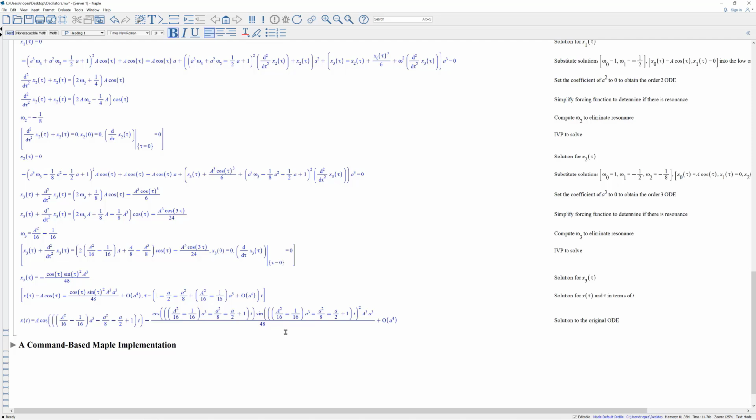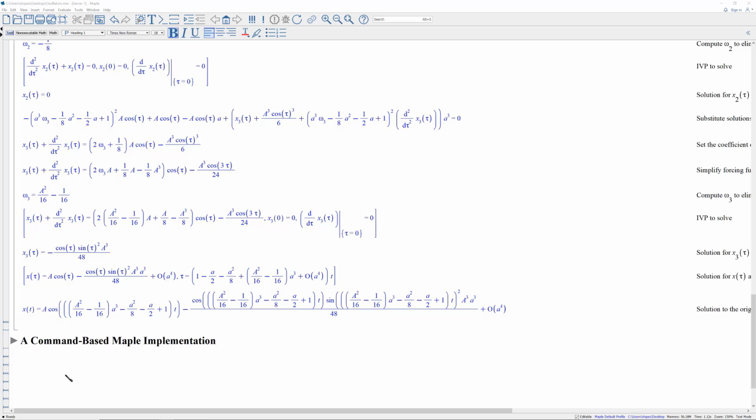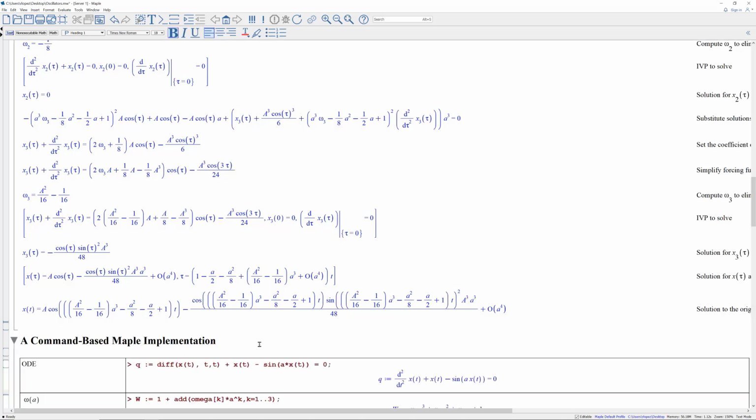And therefore, I'm going to show a Maple solution one last time, and it is basically the solution that I put into my AEM book 25 years ago, because there was no Student ODEs package way back then. Let's look at this Maple command-based implementation.